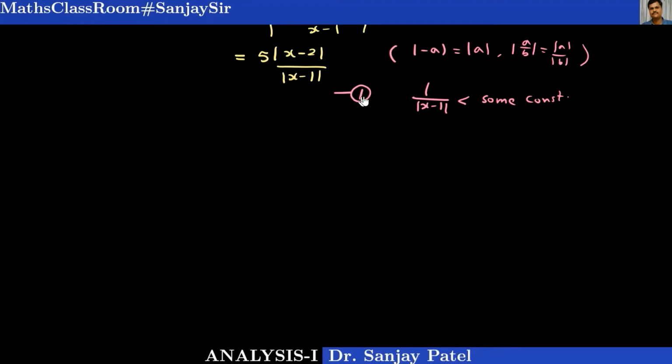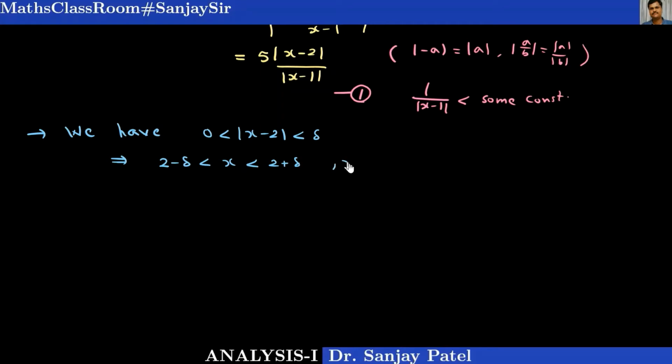Okay, and let us take that condition. We have 0 less than mod of x minus a, that is 2 less than delta, which I can write as 2 minus delta less than x less than 2 plus delta.